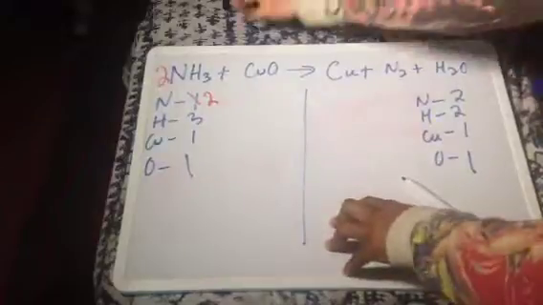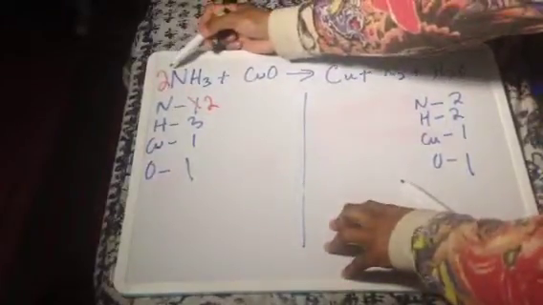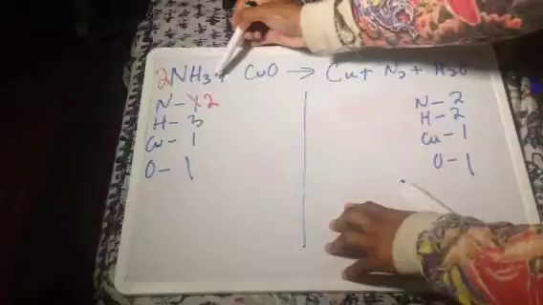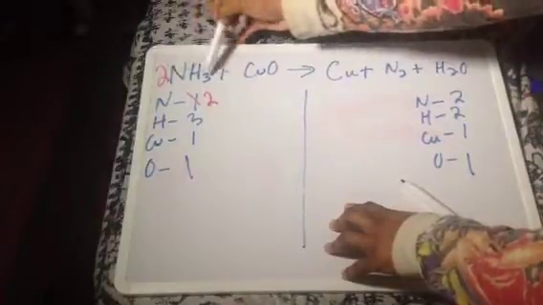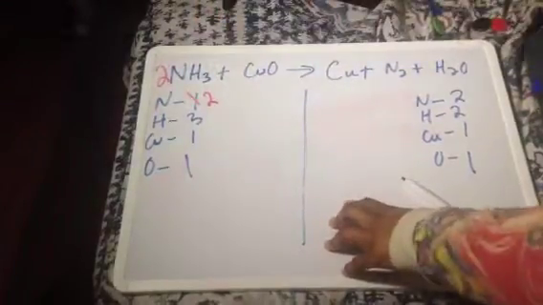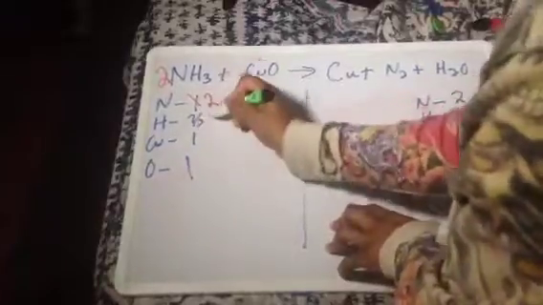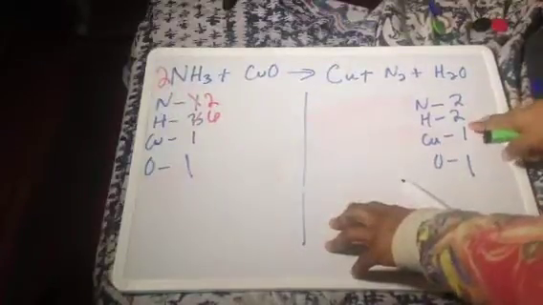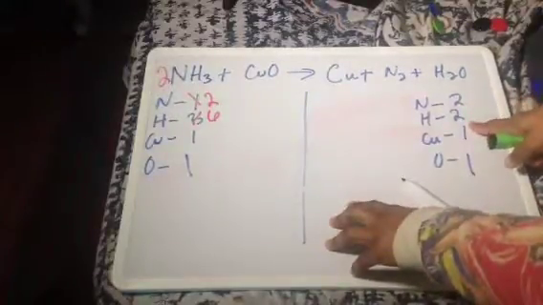But now when we add the coefficient of 2 here, then our hydrogens on this side change, right? So now we have 6 hydrogens on this side. So we need to mark through this, and we have 6 hydrogens on this side. Now we have 2 hydrogens on the right side.